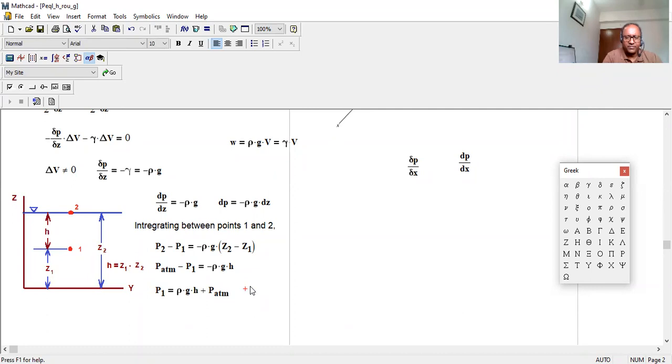Why absolute pressure? Because you add atmospheric pressure with this value. So this will be absolute pressure.